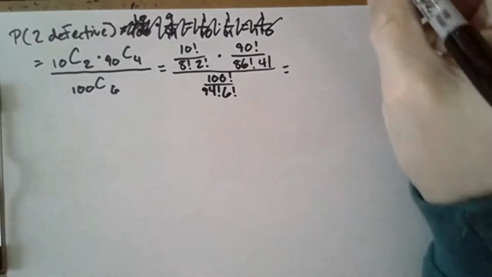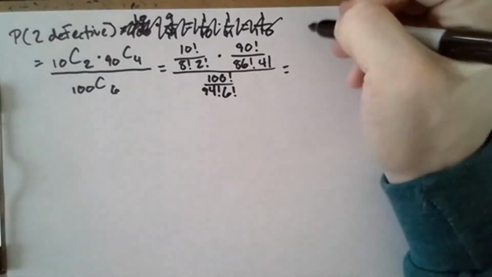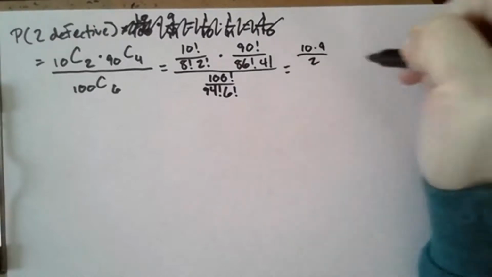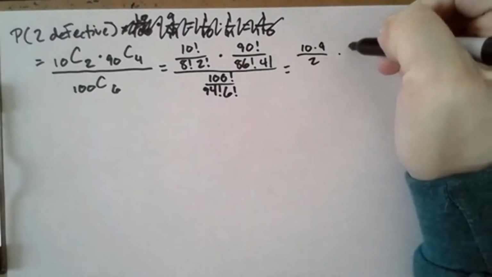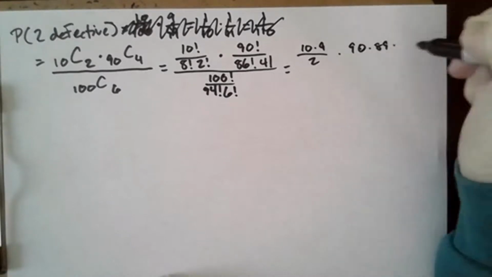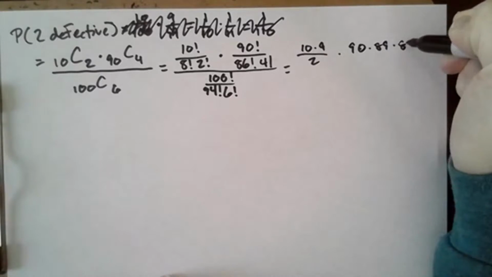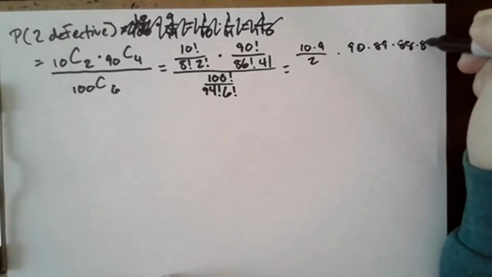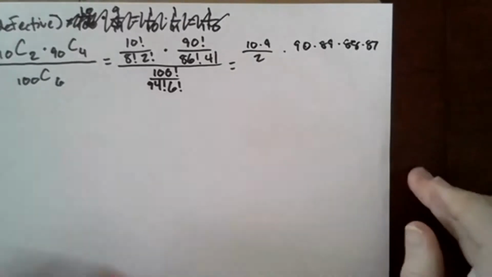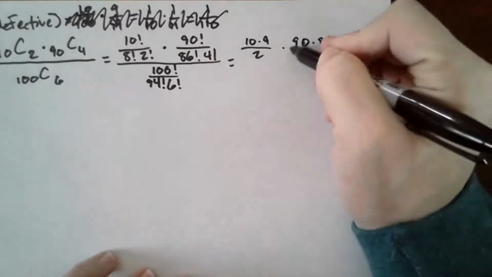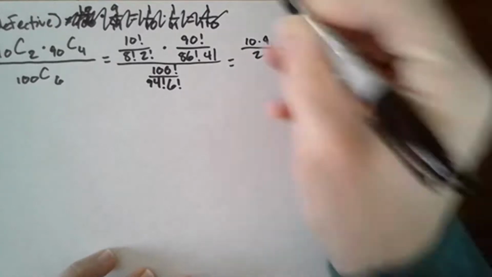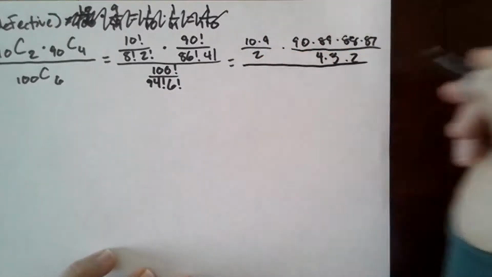Okay, well, that simplifies things a bit. We're going to wind up with 10 times 9 over 2, times 90 times 89 times 88 times 87, divided by 4 factorial, which is 4 times 3 times 2.